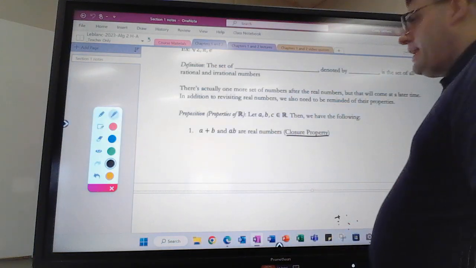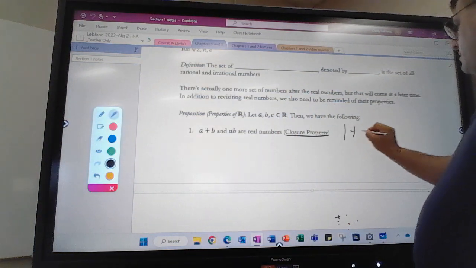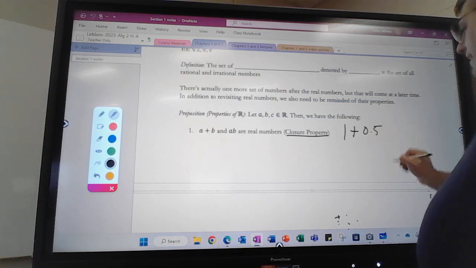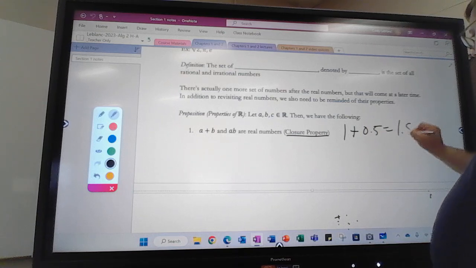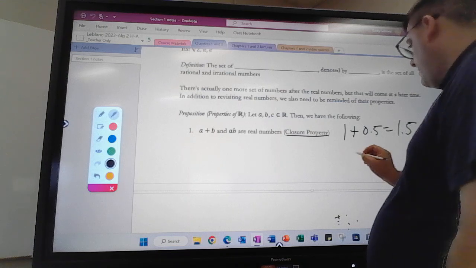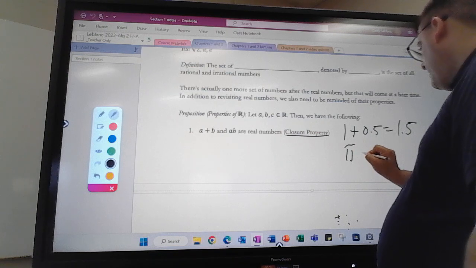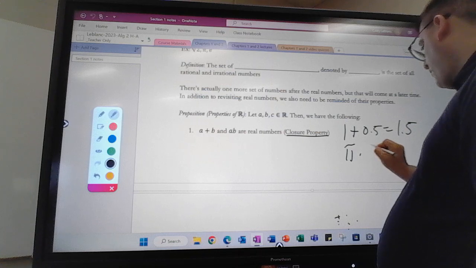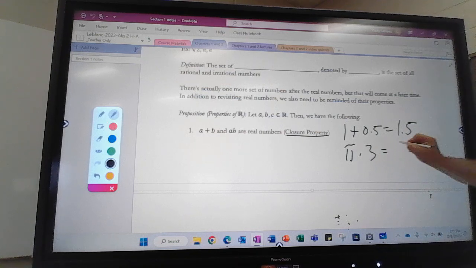For example, if I take 1 plus 0.5, if I add that together, that's 1.5. That's a rational number, which means it is a real number. If I take pi times 3, we write that as 3 pi.